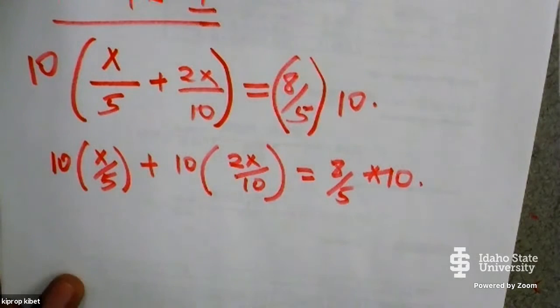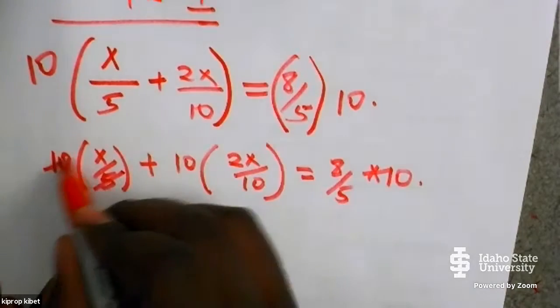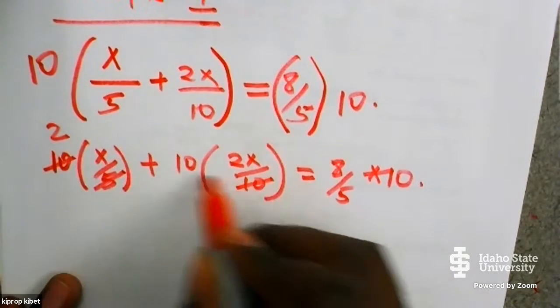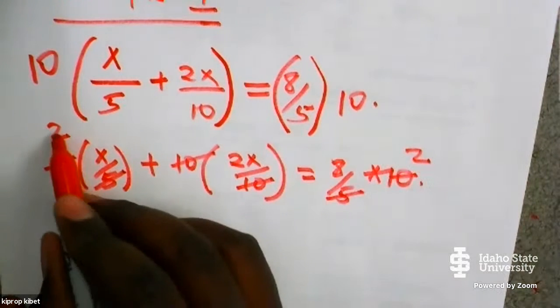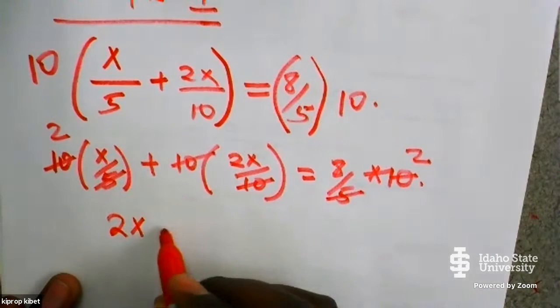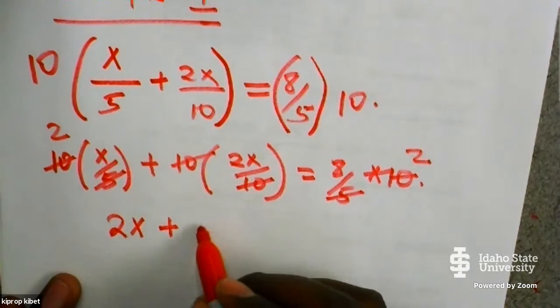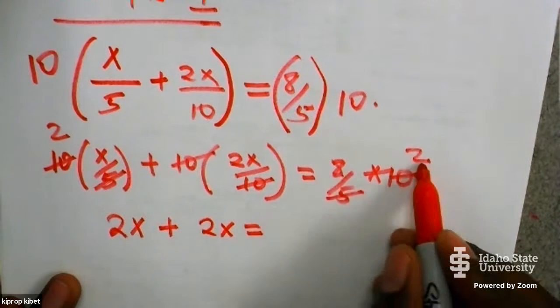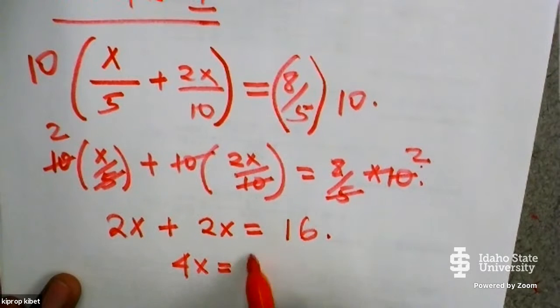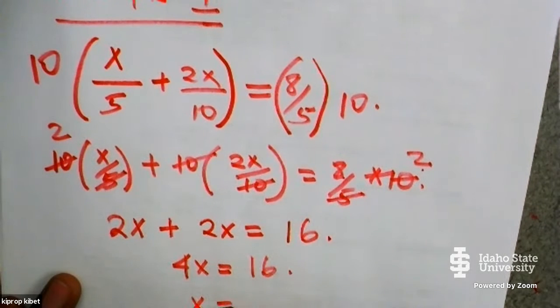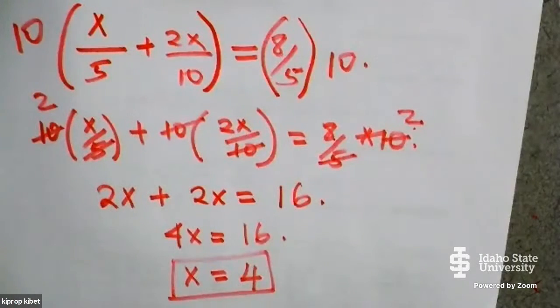So that will be 2x plus 2x, which is 4x, equals 8 times 2, which is 16. So 4x equals 16, and x equals 4.